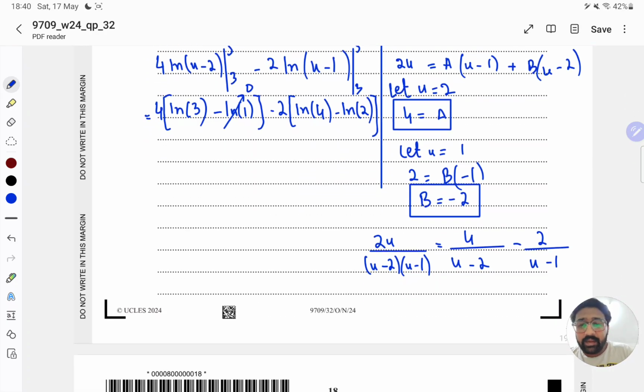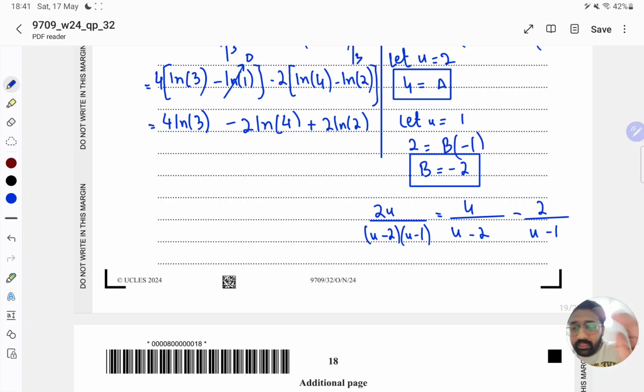Now if I expand it, this is going to be 4 ln of 3 minus 2 ln of 4 plus 2 ln of 2. Now the 4 is going to go in the power.